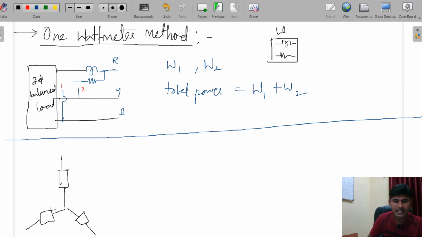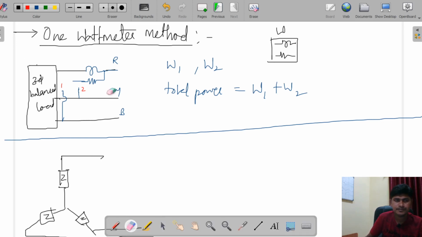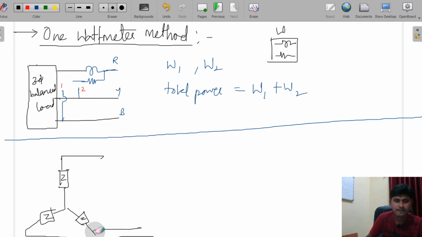As the load should be balanced, all impedances must be equal, Z. Three lines, R, Y, B. Anyhow, it is a balanced load.